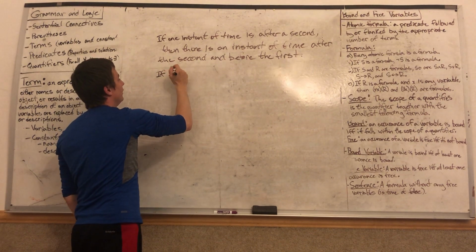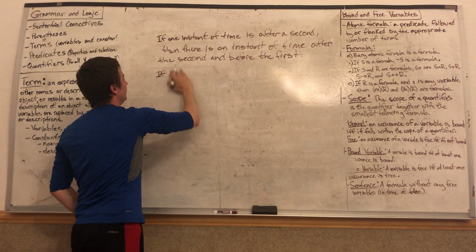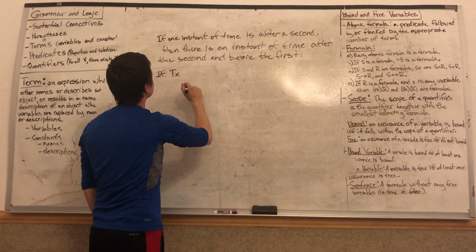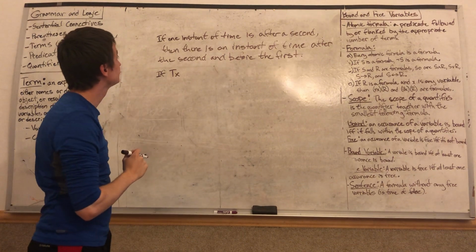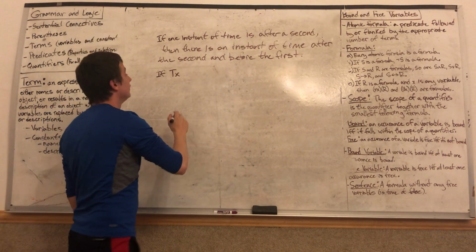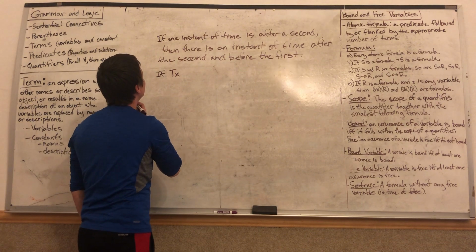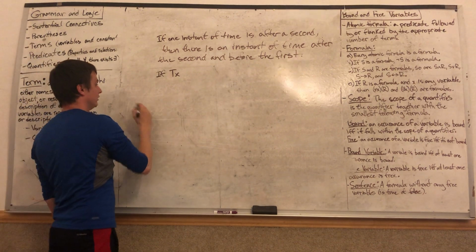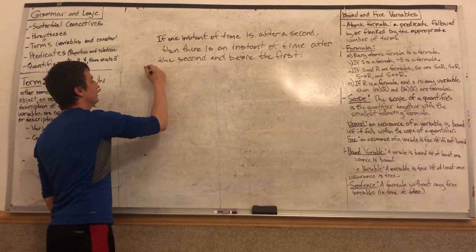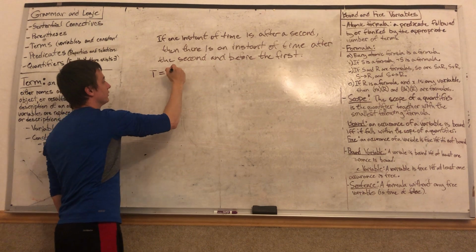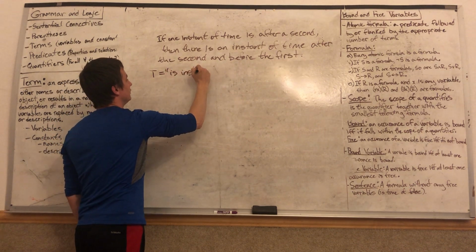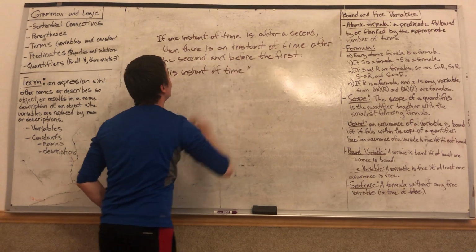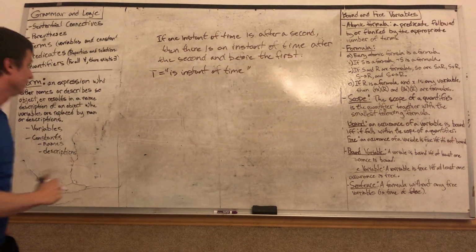If instant of time applies to X. What's X? Our first instant of time. T is my instant of time predicate, so maybe we'll write it this way: T equals is instant of time.